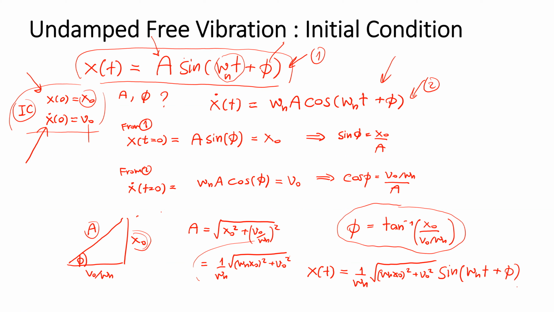So this slide gives a hint for you. If we know the initial condition, this is the step. How can we obtain the unknown A coefficient and the phase shift phi? You need to know omega n, maybe from the square root of k per m from your system. But to obtain unknown A and phi, we need the initial condition, x and x dot.